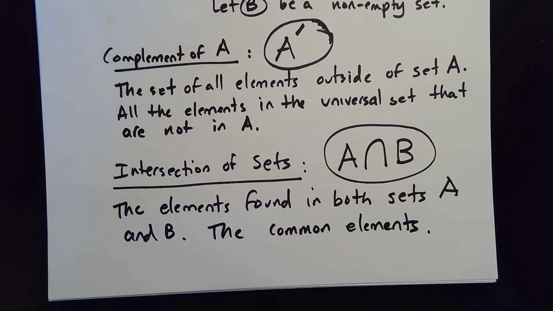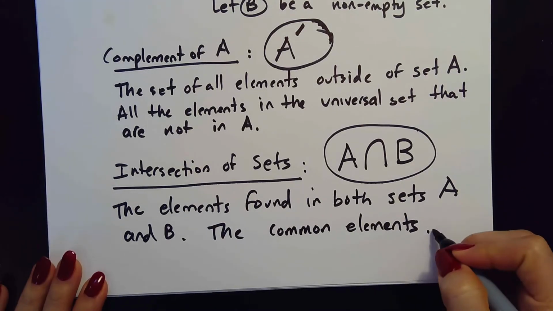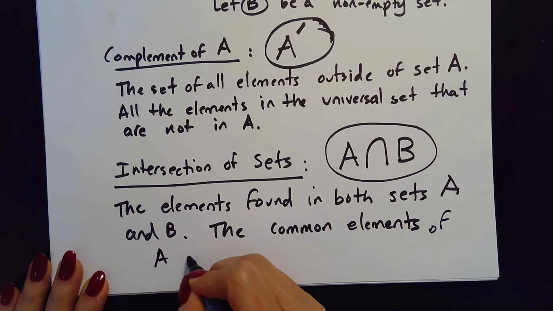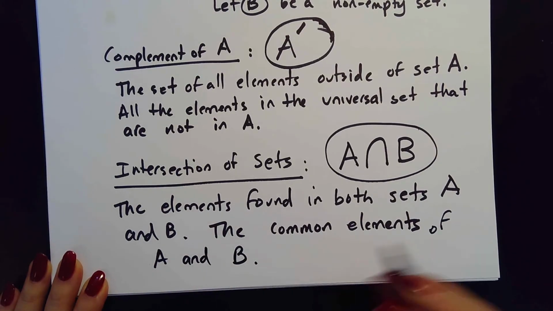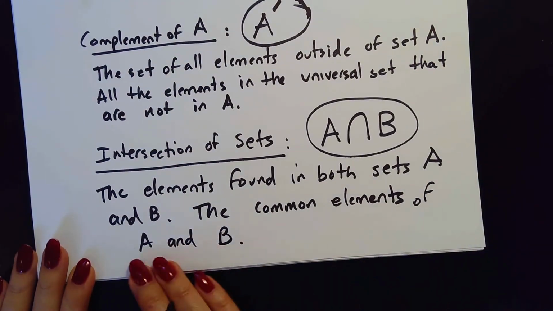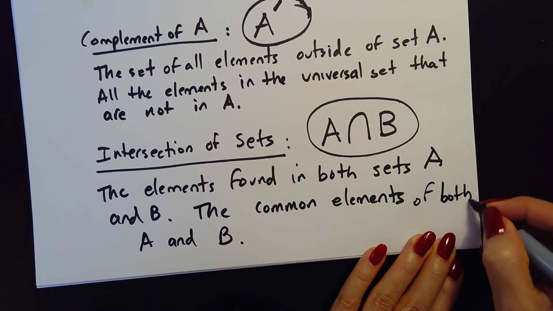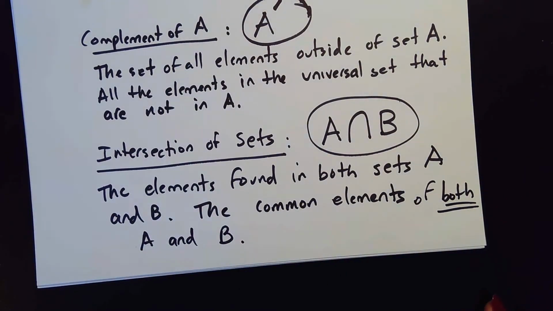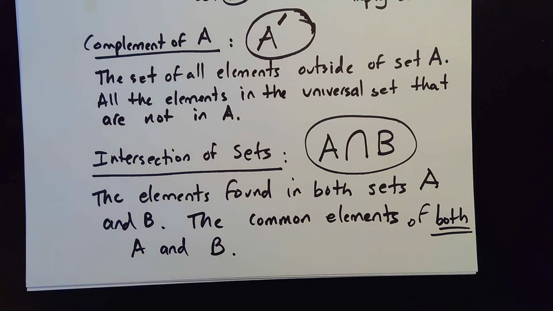They must be in both A and B. Common elements of both A and B. Okay, so that's the intersection of A and B.